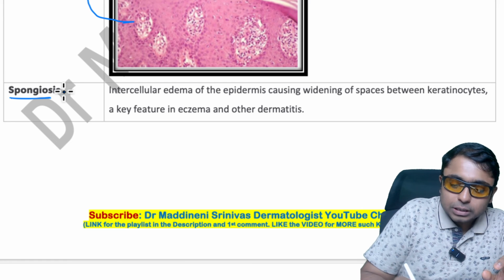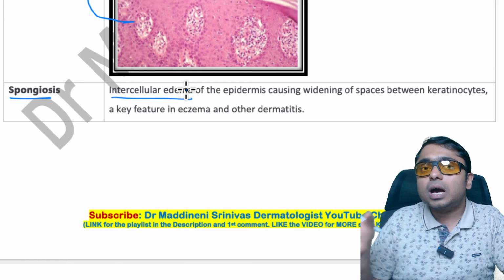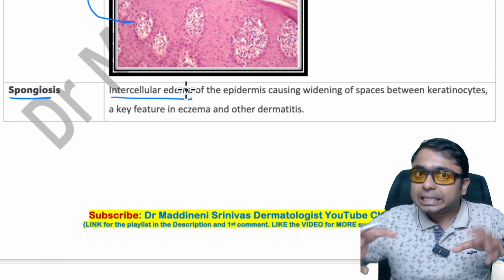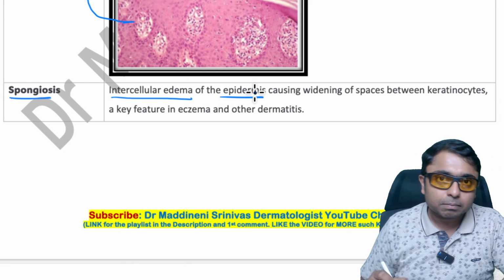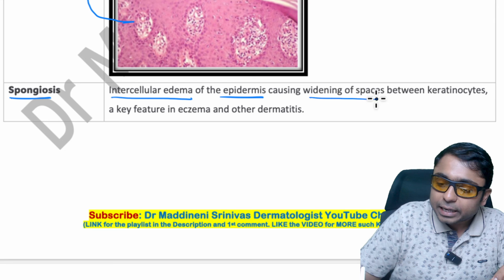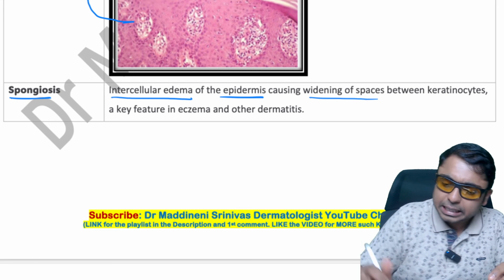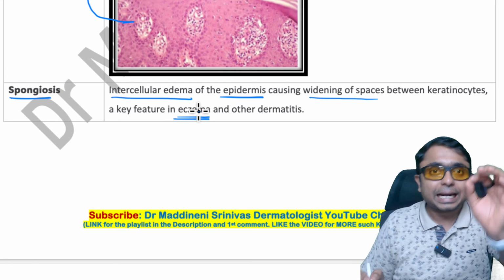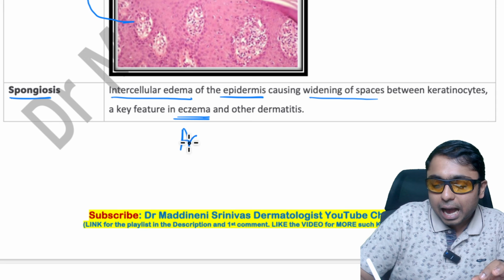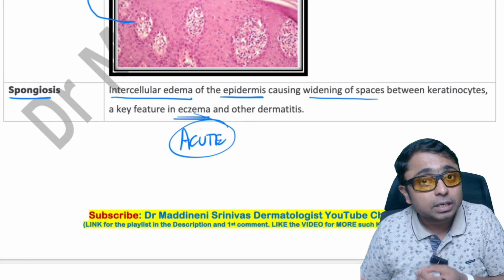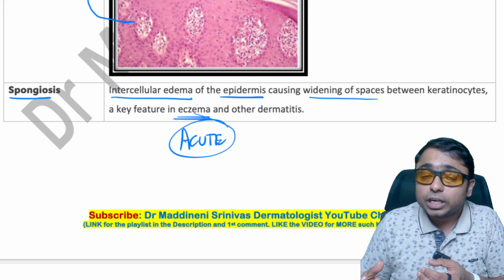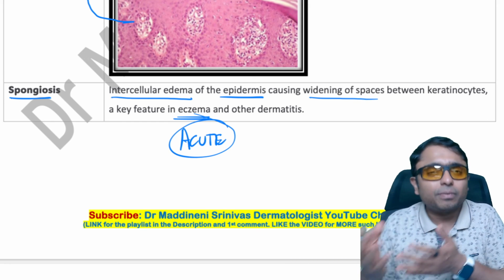Next is spongiosis. What is spongiosis? It is intercellular edema. In between the cells, there is going to be collection of fluid in the epidermis, which causes widening of the spaces between the keratinocytes, and it is a feature very classically seen in eczema, especially acute eczema, where clinically we are going to see all the inflammatory changes of dermatitis, that is oozing and vesicles.